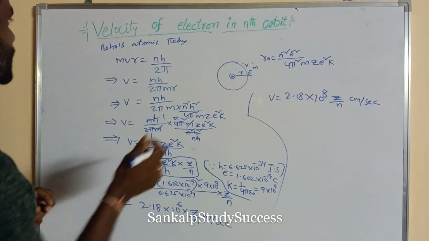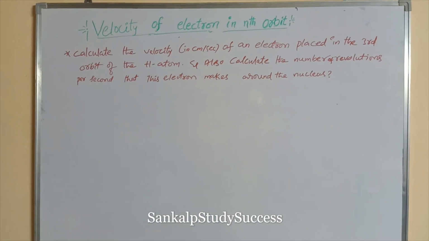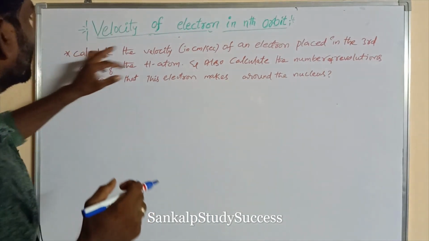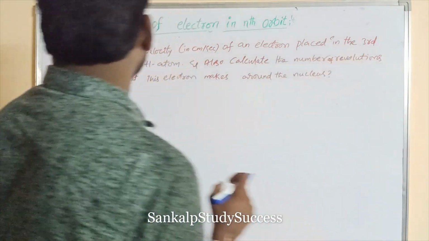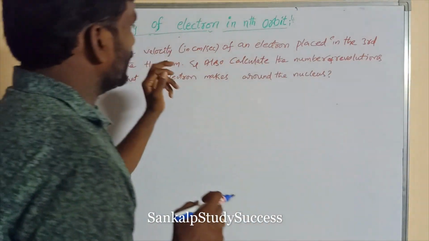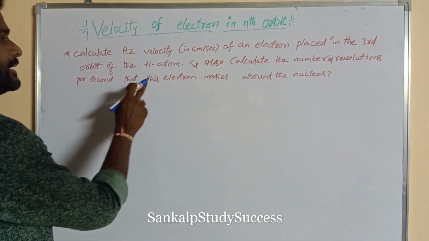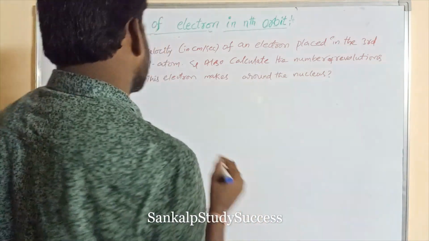Now I am going to explain one sum on this concept. Please observe this sum. Calculate the velocity of an electron placed in the third orbit of the hydrogen atom, and also calculate the number of revolutions per second that this electron makes around the nucleus.